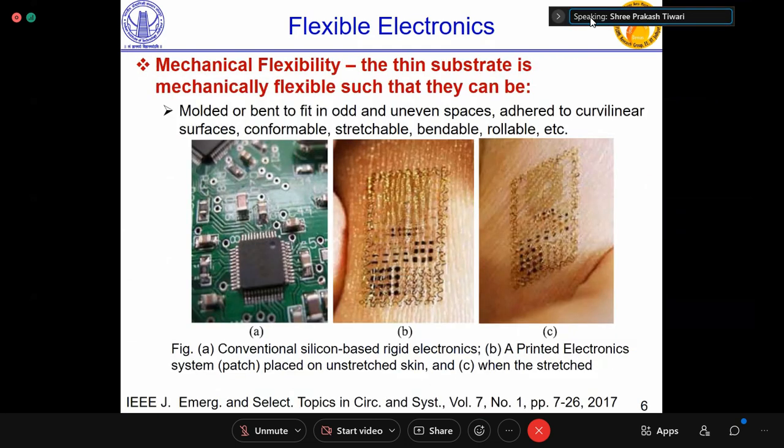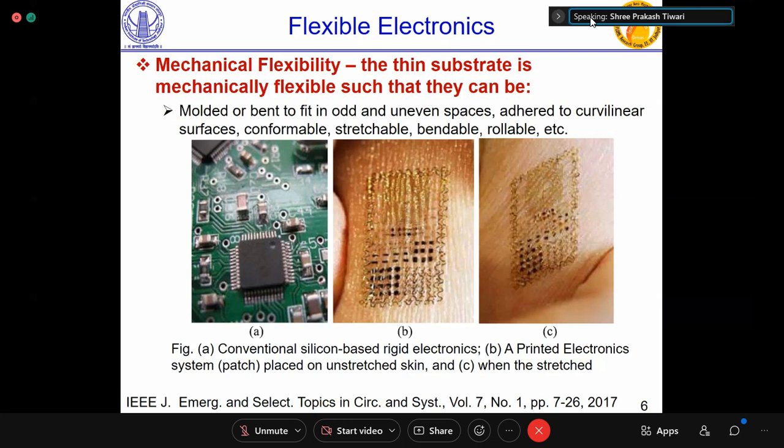And this is coming from some literature where you see side by side, one picture which is conventional silicon based electronics, where you have a PCB and then all the ICs stick together. On the other, B and C, what you see is a patch which is pasted on the skin.